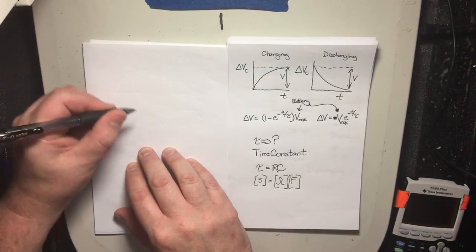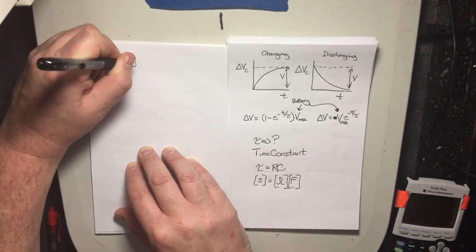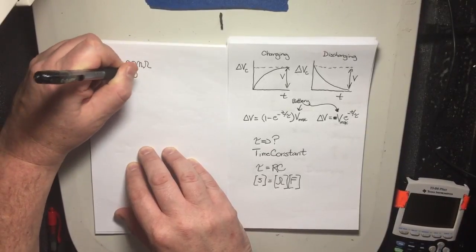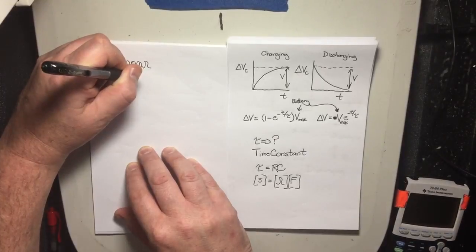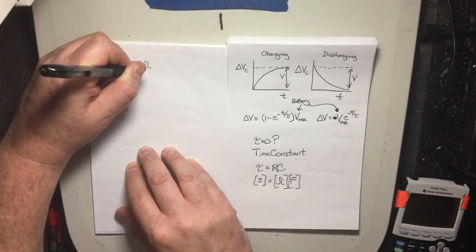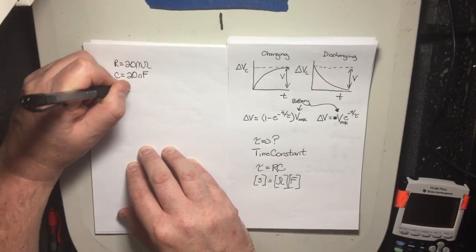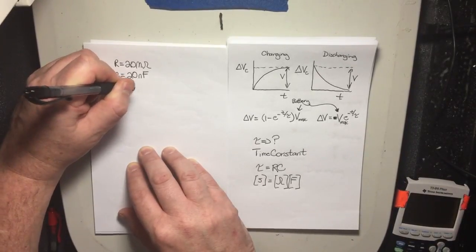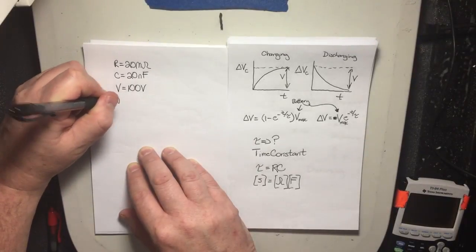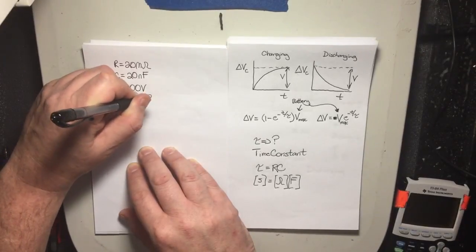Now let's say that we had a resistor of 20 megaohms, a capacitor of 20 nanofarads, and a battery of 100 volts. First question, what is tau?